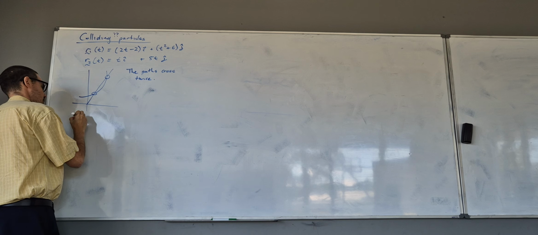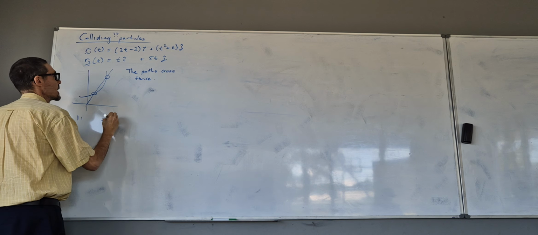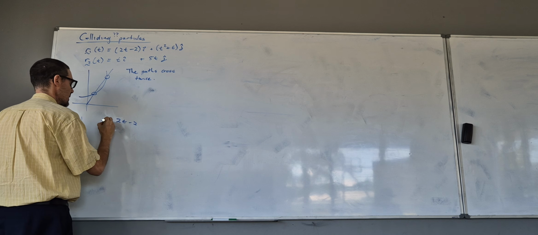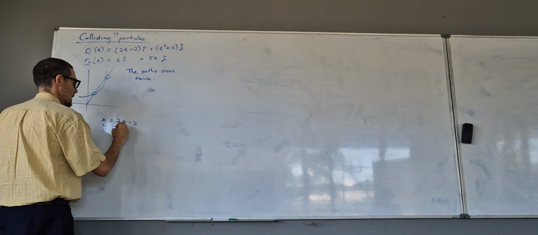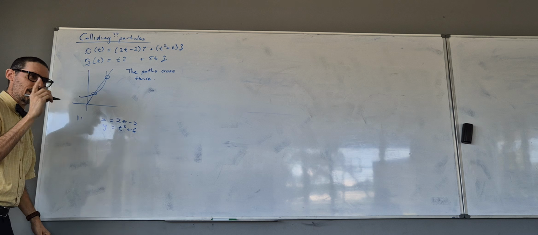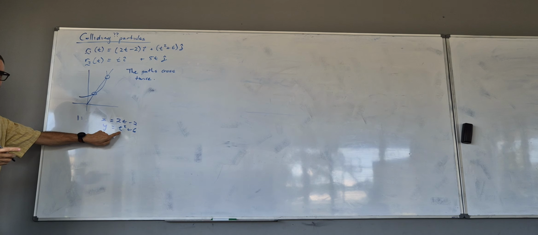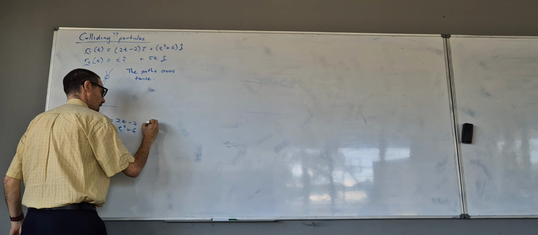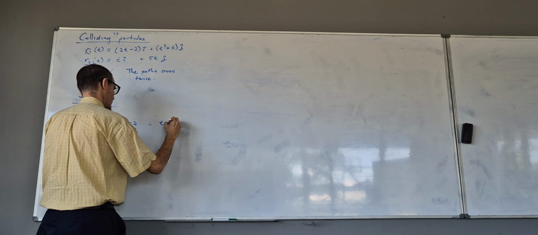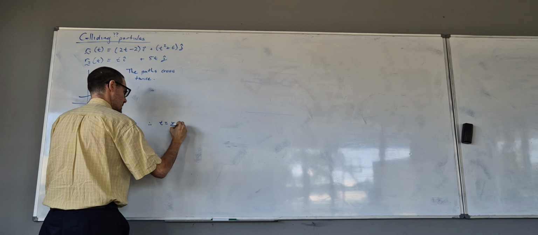So, x equals 2t minus 2, y equals t squared plus 6. Careful, Ben. Rearrange this, plug it in here. Don't rearrange this one for t. Remember, that's what we just talked about this morning. t is (x plus 2) over 2.